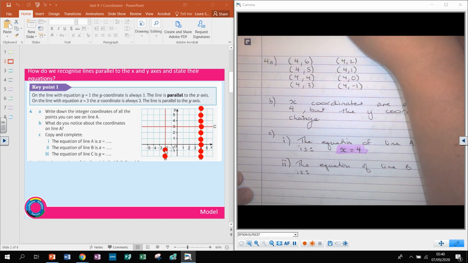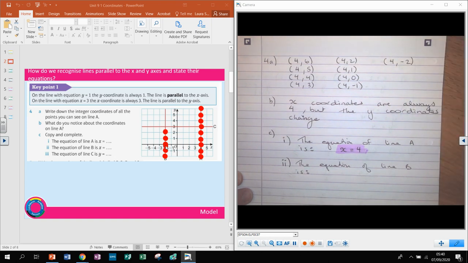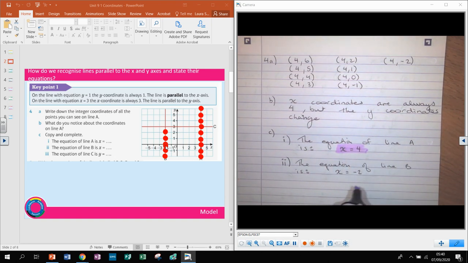And if we look, it doesn't matter which point we use, x is always -2. Okay, because there's our -2. So we would say that x is equal to -2. And that would be our answer to part 2. That's the equation. Remember, an equation has an equal sign. Okay, so in this case, that line B is x equals -2.